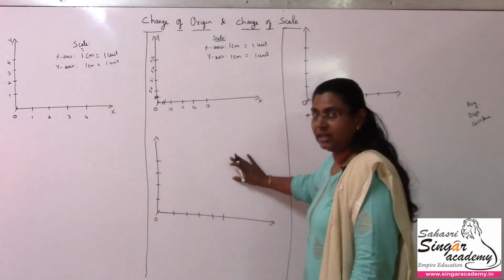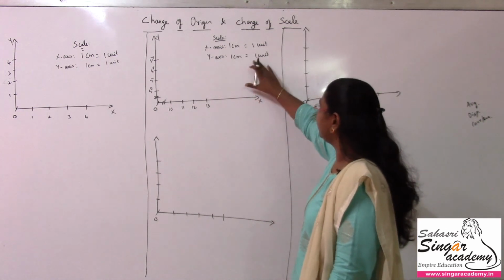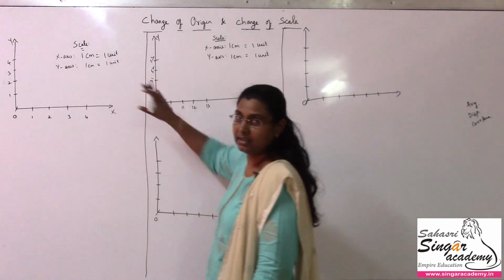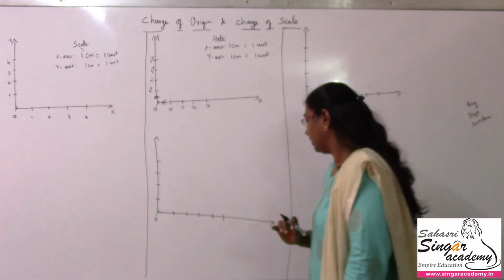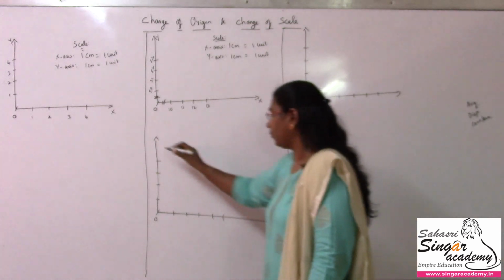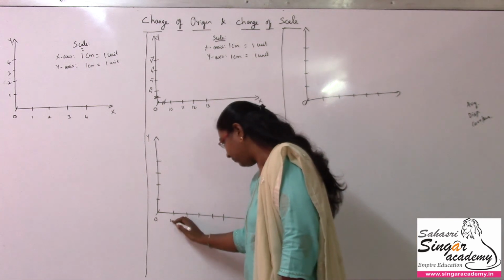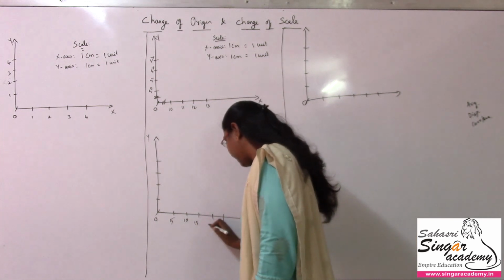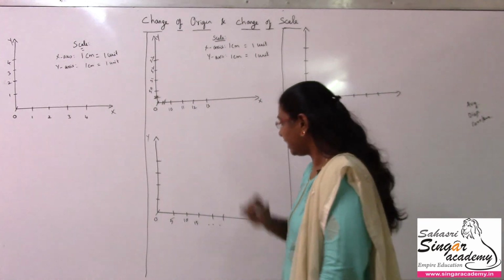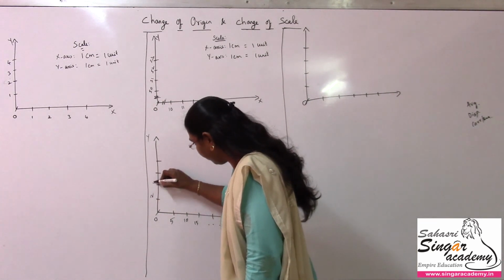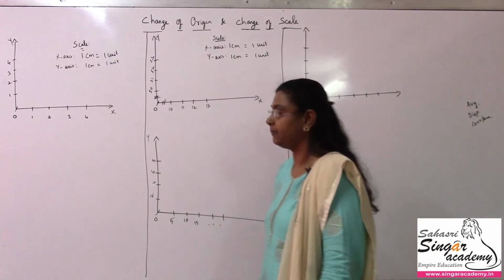Let me go for the third graph. Before going for the detailed explanation what I have done here and here, let me go for this graph. Same x-axis and y-axis. For the x-axis, let me have 5, 10, 15, so on as the values, right? For the y-axis, let me have 2, 4, 6, 8, so on, right?